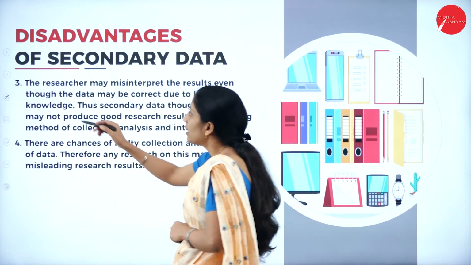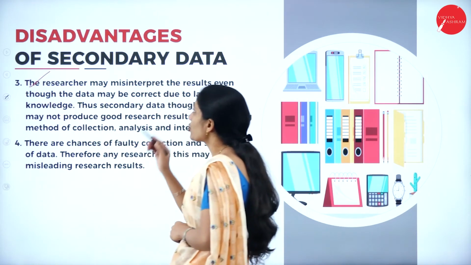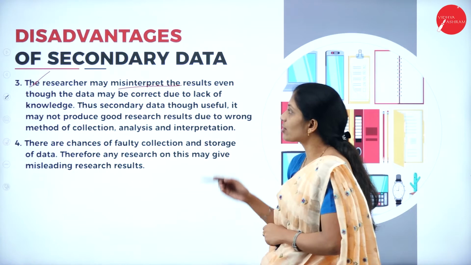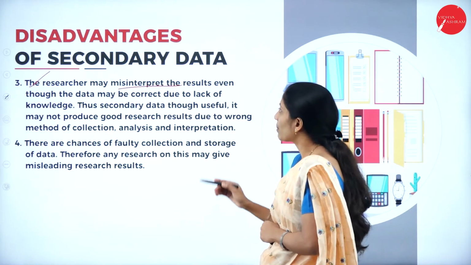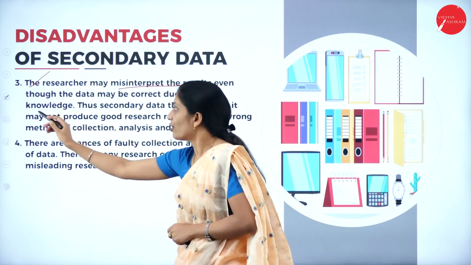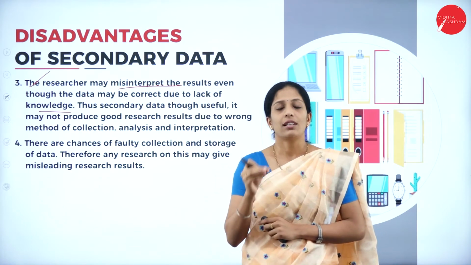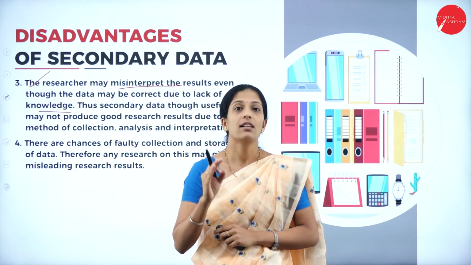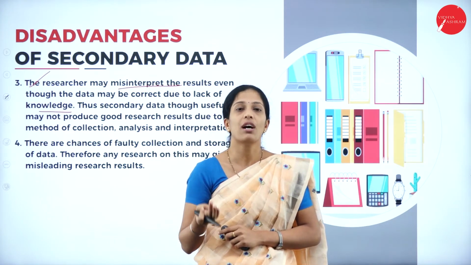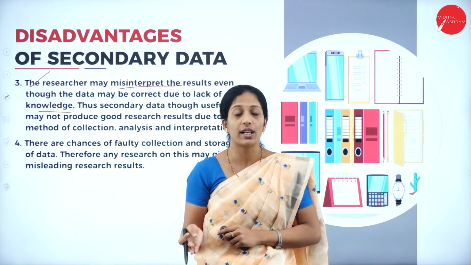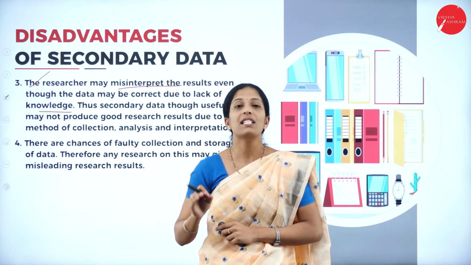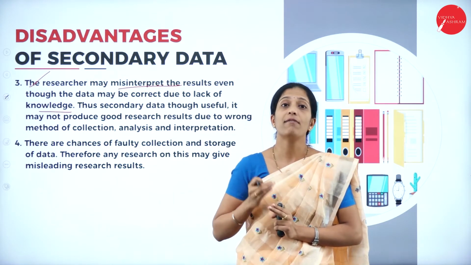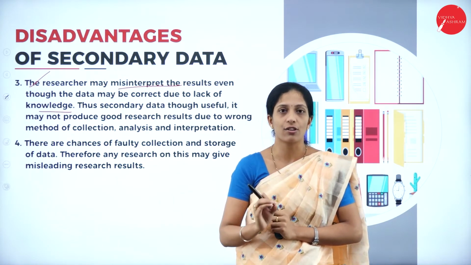Next one is the third point, that is, the researcher may misinterpret the results even though the data may be correct, due to lack of knowledge. Now, the data which has been collected already may be correct, but certain times the researcher, without knowing, might have misinterpreted, in the sense he has misunderstood that particular topic.